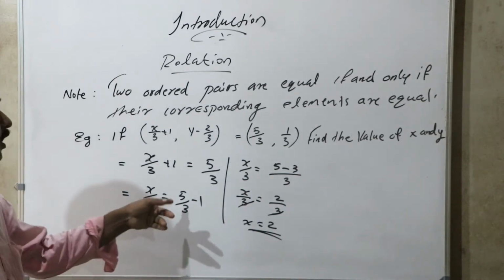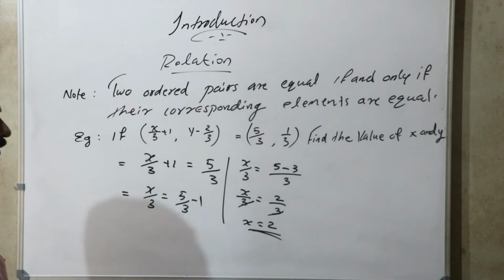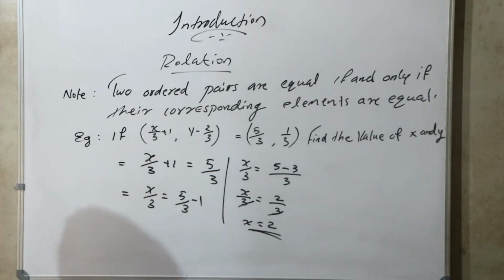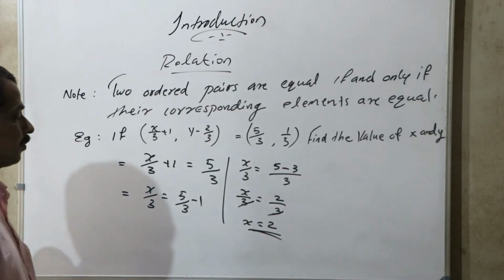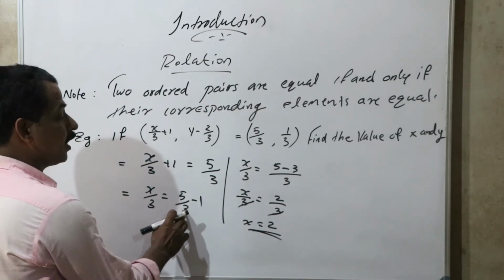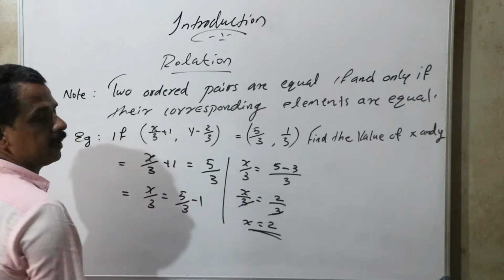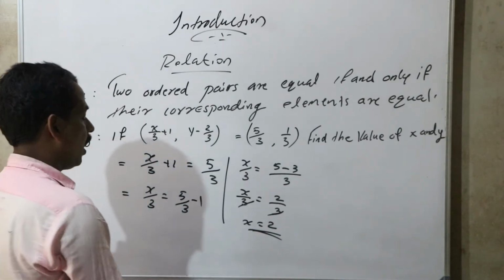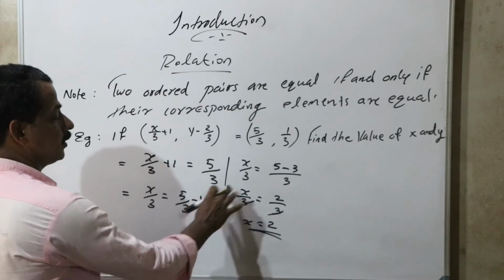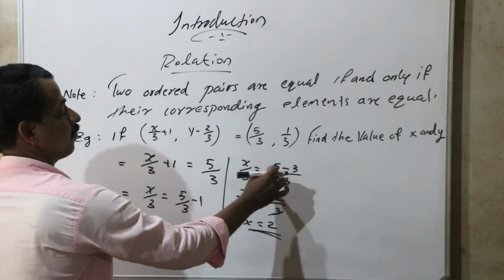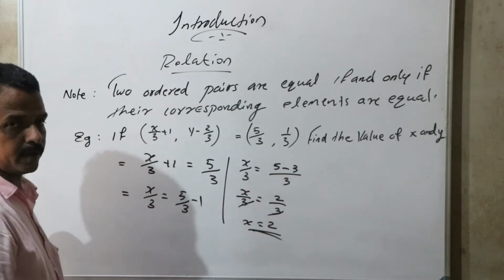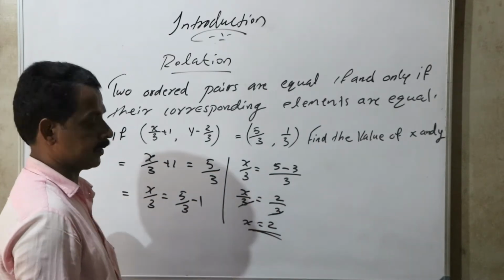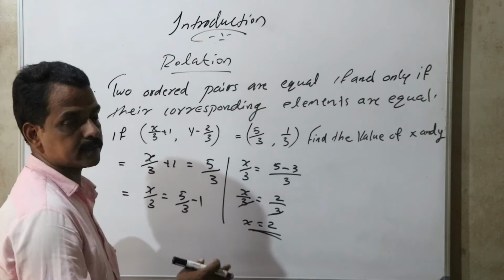This is a mixed fraction, so take a like denominator: 3 into 1 is 3, so (5 minus 3)/3. x/3 equals 2/3.